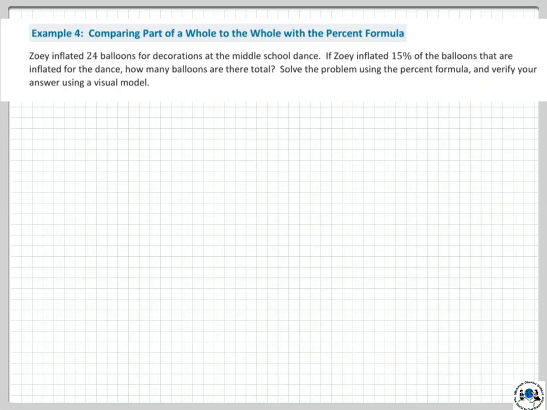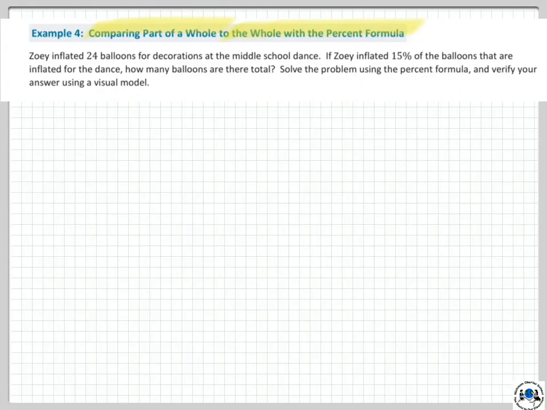Okay, so here in example 4, they are titling it here, comparing part of a whole to the whole with the percent formula. Okay, I'm going to present you here with the percent formula. And that percent formula is very, very simple.